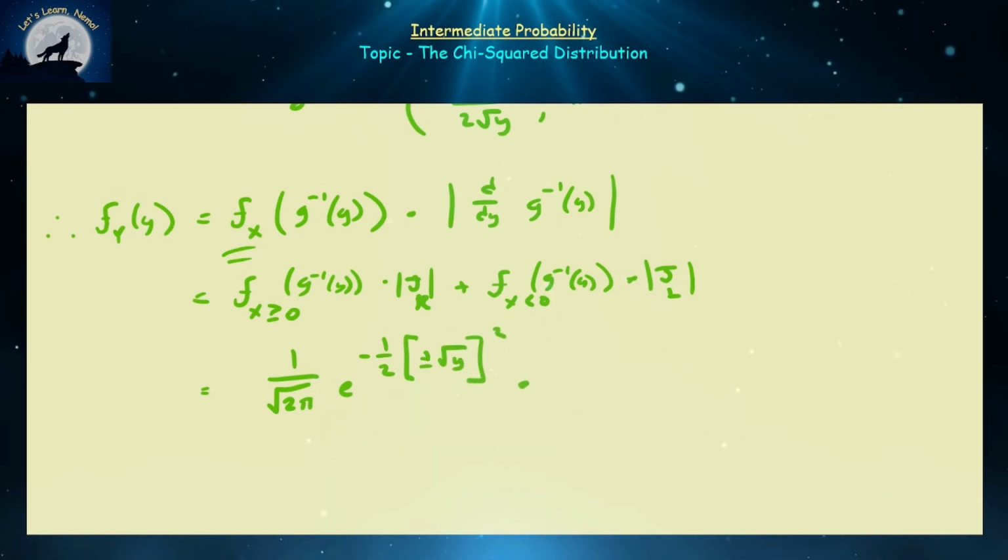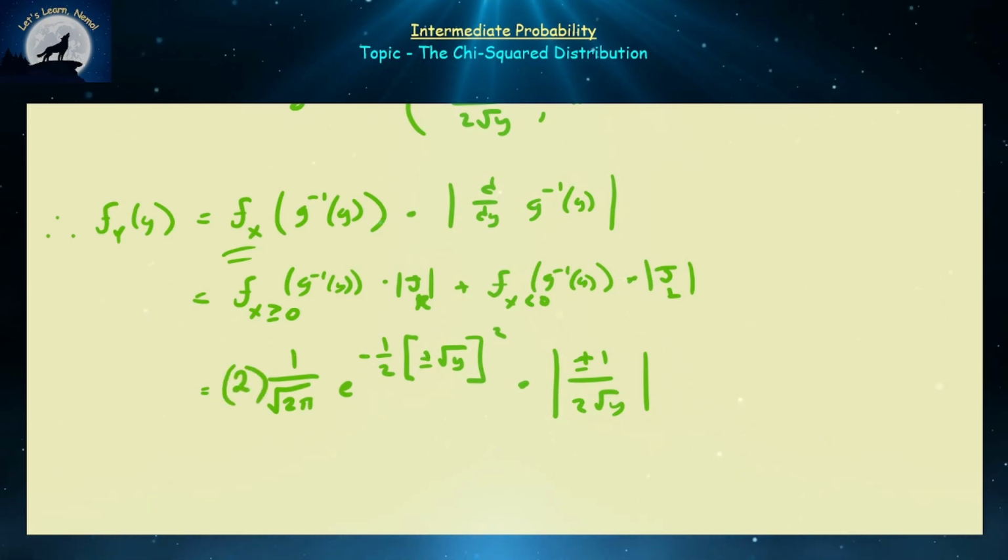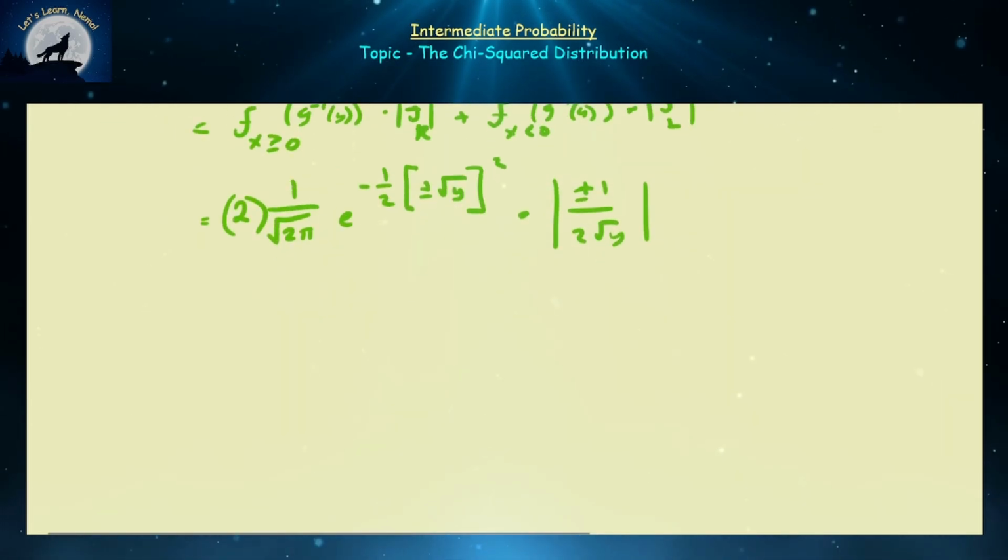Then we multiply that by the absolute value of plus or minus 1 over 2 square root of y. Since they're the same exact value, both in the exponent and the absolute value, I'm going to throw in a 2 here to account for left plus right being equal to the same thing, so 2 times one of them, in particular the positive output.